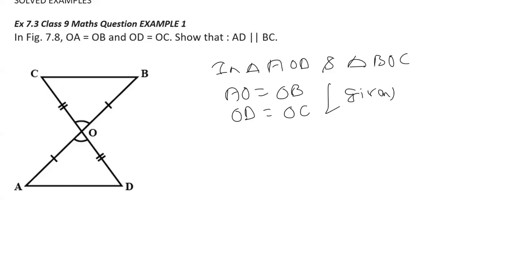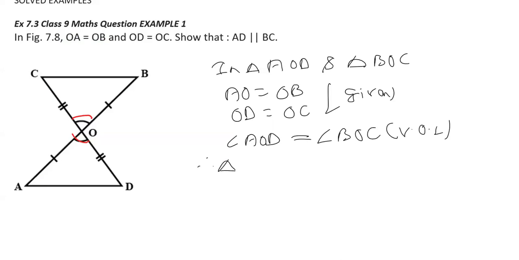These two pieces of information are given. Moreover, you can see in the figure that these two are vertically opposite angles, and vertically opposite angles are equal when two lines intersect. So we'll write angle AOD is equal to angle BOC, and that's from vertically opposite angles.